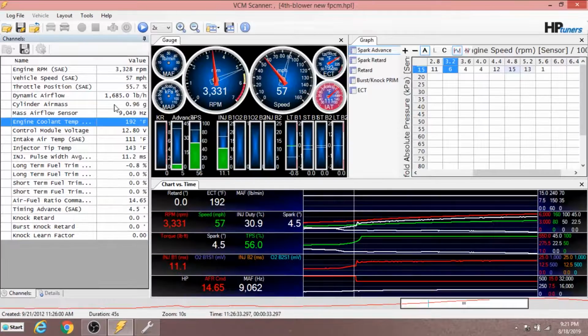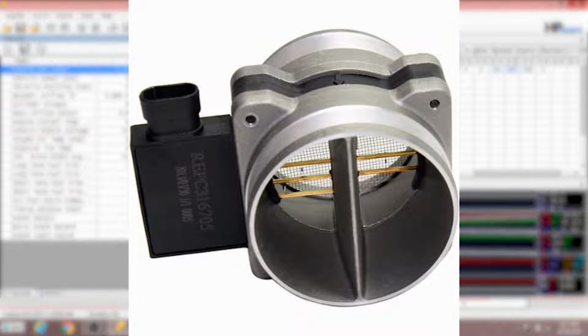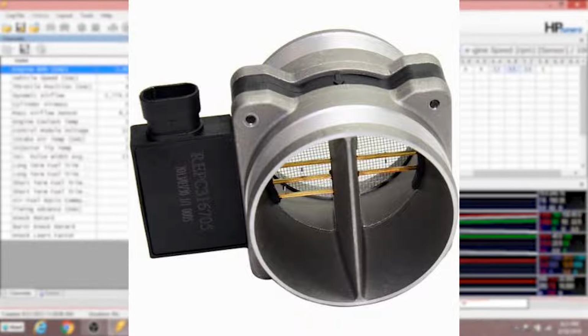Now let's talk about the mass airflow sensor, or MAF. Usually, like I said, it's located between the air filter and the throttle body. A lot of times they'll integrate the air intake temperature sensor right in with it.